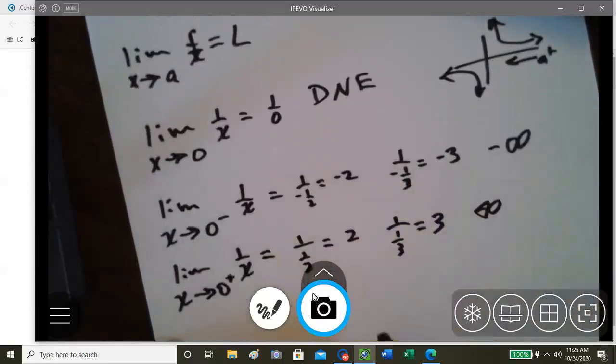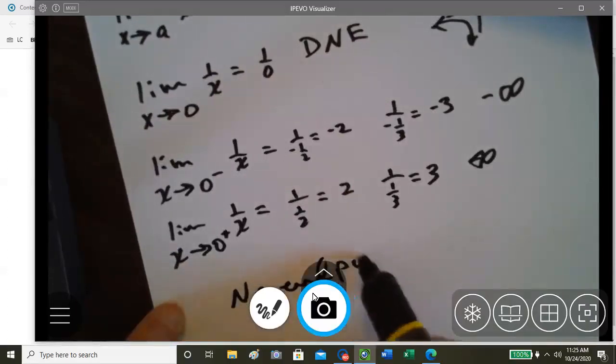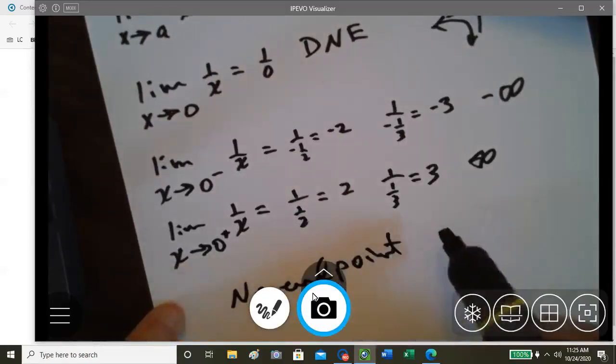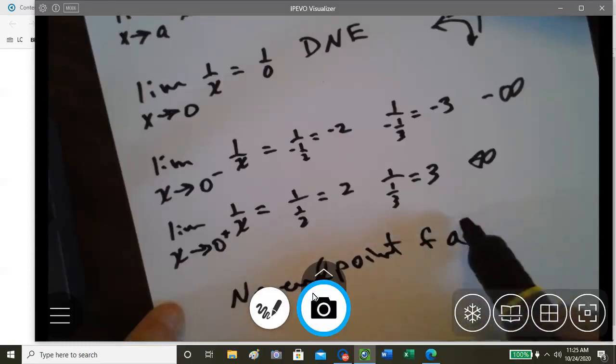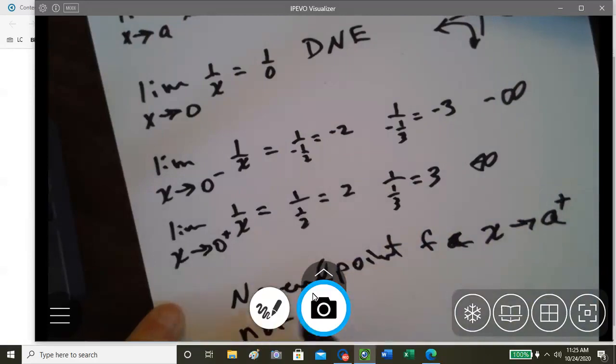So therefore, we can say that there's no endpoint for a as x tends towards a from the right, nor as x tends towards a from the left.